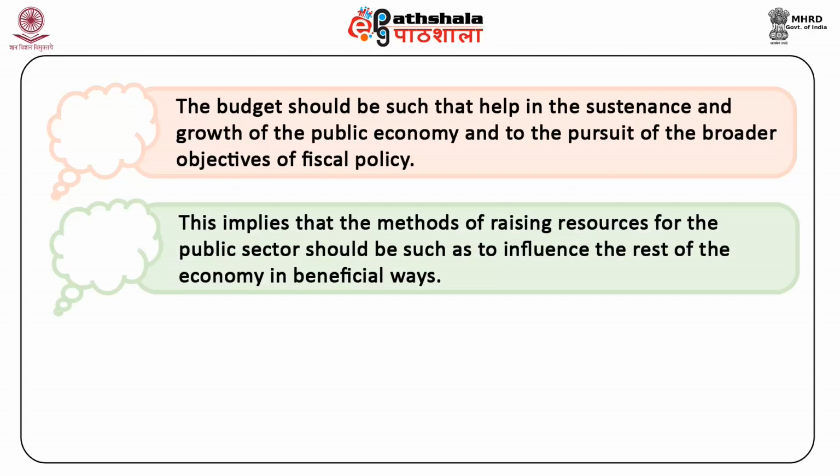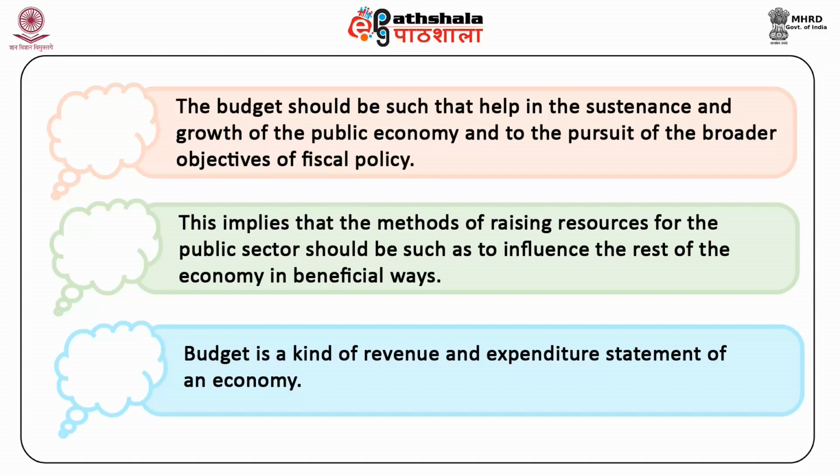This implies that the methods of raising resources for the public sector should be such as to influence the rest of the economy in beneficial ways, and within the public economy itself, resources must be used in the most efficient way.